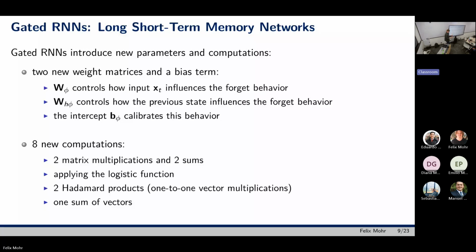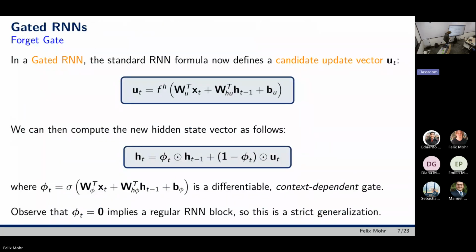Then we have to apply the logistic function to each of these entries. So we have to do this multiplication, then this summation, and then we apply the sigmoid function. And after we did this, we have to do this Hadamard product and this Hadamard product.